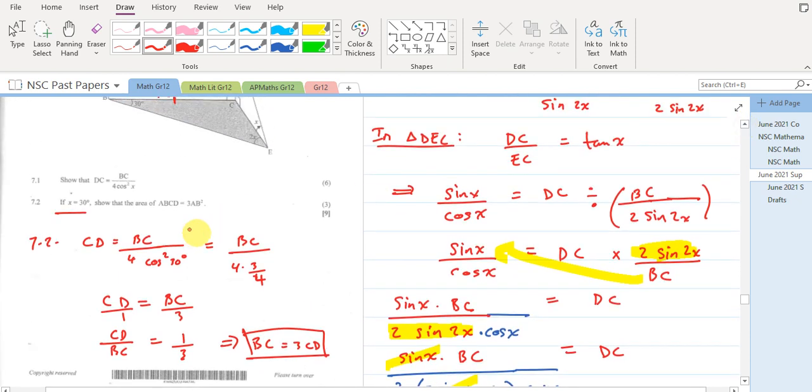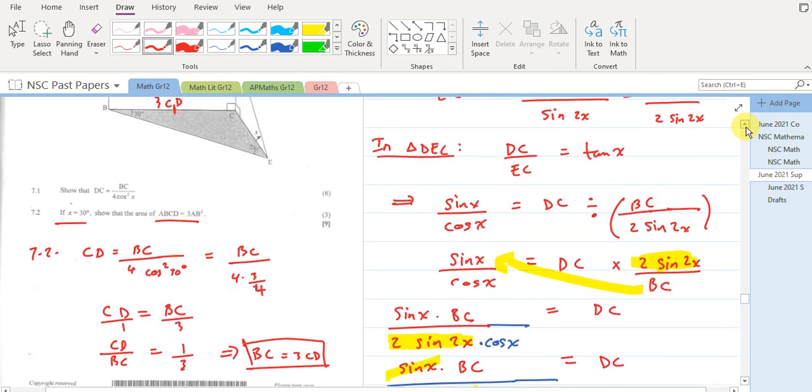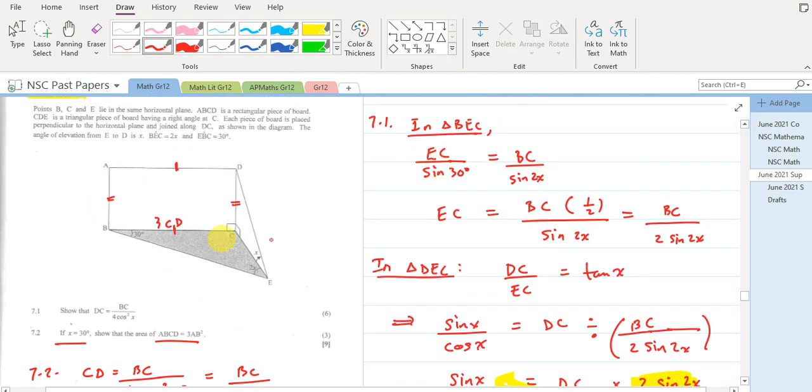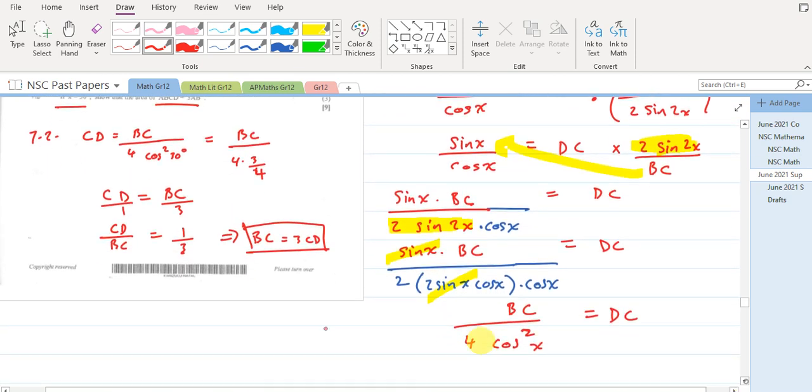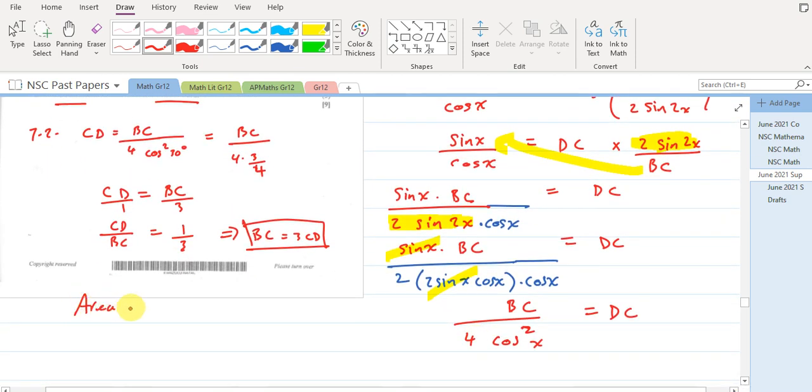Now if you want to calculate the area of ABCD, the area of this rectangle is BC times CD. Right, so area is equal to BC times CD, but now BC is already 3 times CD and CD is just CD, so you got 3 CD squared.